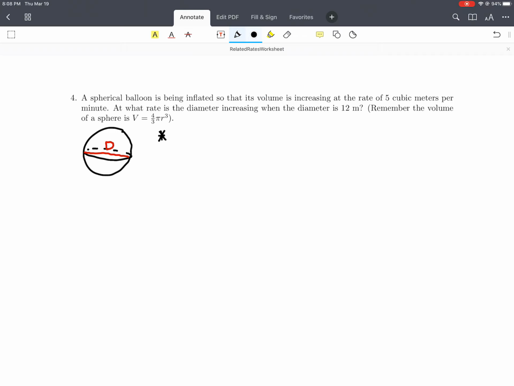So we've got d, which is equal to the diameter of the balloon. We have V, which is equal to the volume of the balloon.